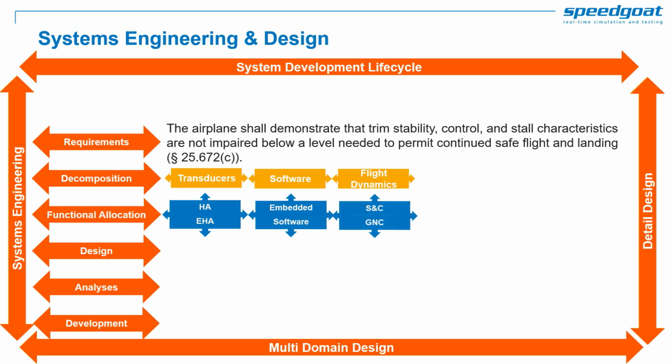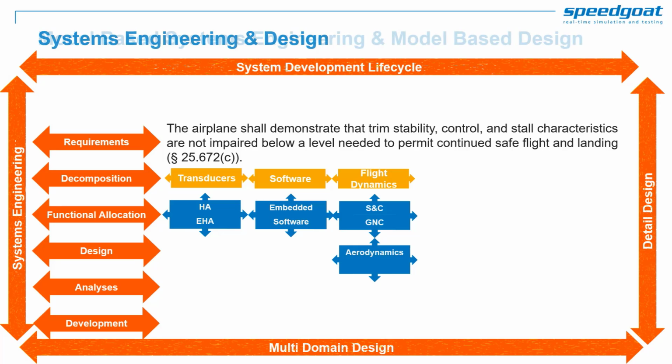Within these decompositions, the functions that will be impacted would be something like the hydraulic actuators, the embedded software, which will require the involvement of the stability and controls group, which may later involve aerodynamics at the detailed design level of the requirement design space.